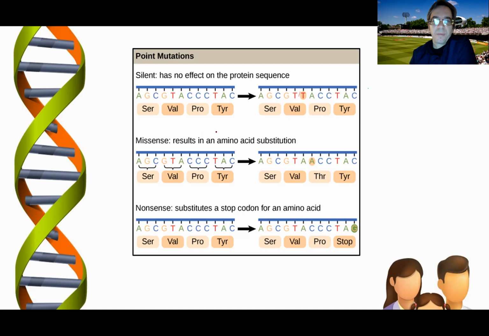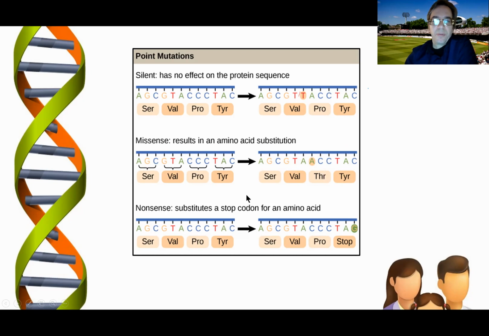Got missense, which is a particular amino acid substituted. So this example here, this one was substituted for this one. And you can see here, different amino acid made. So this one is proline, and this is threonine.